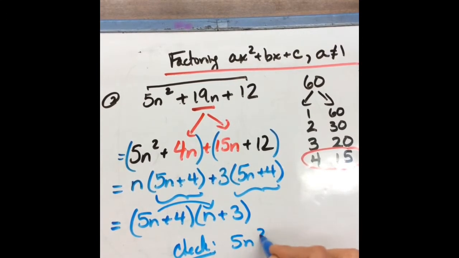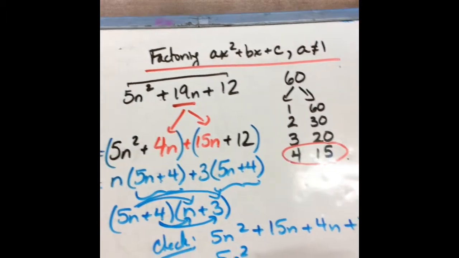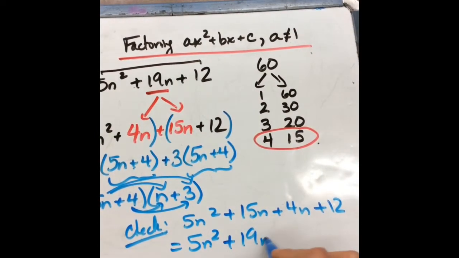That's 5n squared plus 15n plus 4n plus 12, and there you have it, 5n squared plus 19n plus 12. And we have done a great job doing this.